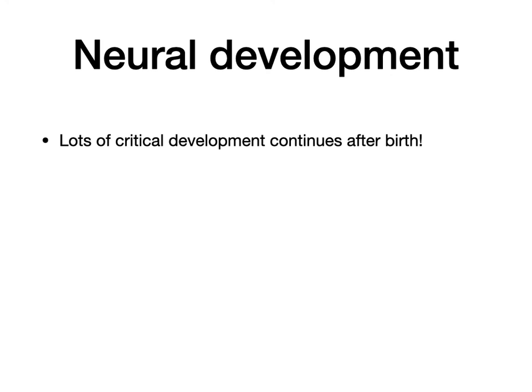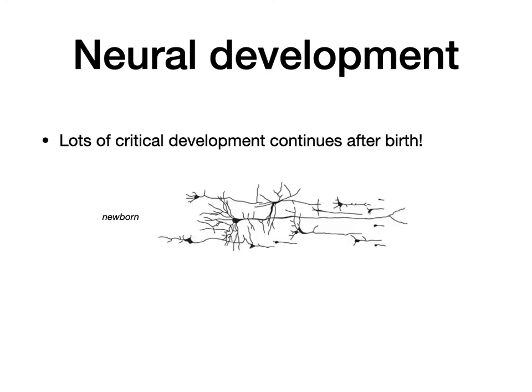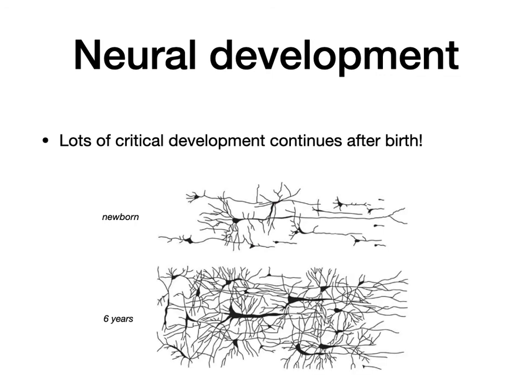So let's look at a little thing here. A newborn, a slice of some of their interconnected cells, a little bit like a print of the amount of connections you'll see between different neurons in a newborn's brain versus at 6 years old. Similar area, things have gotten wild.